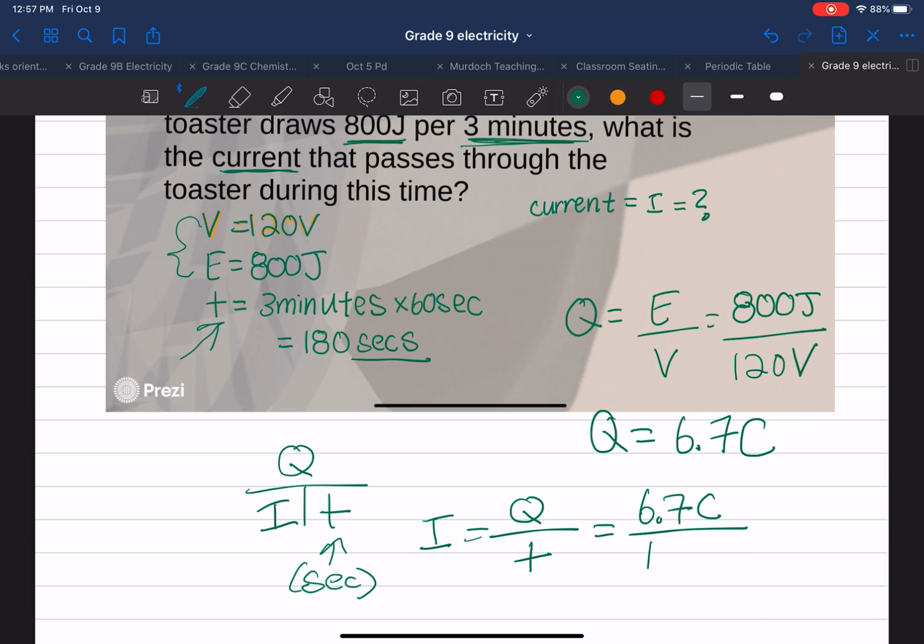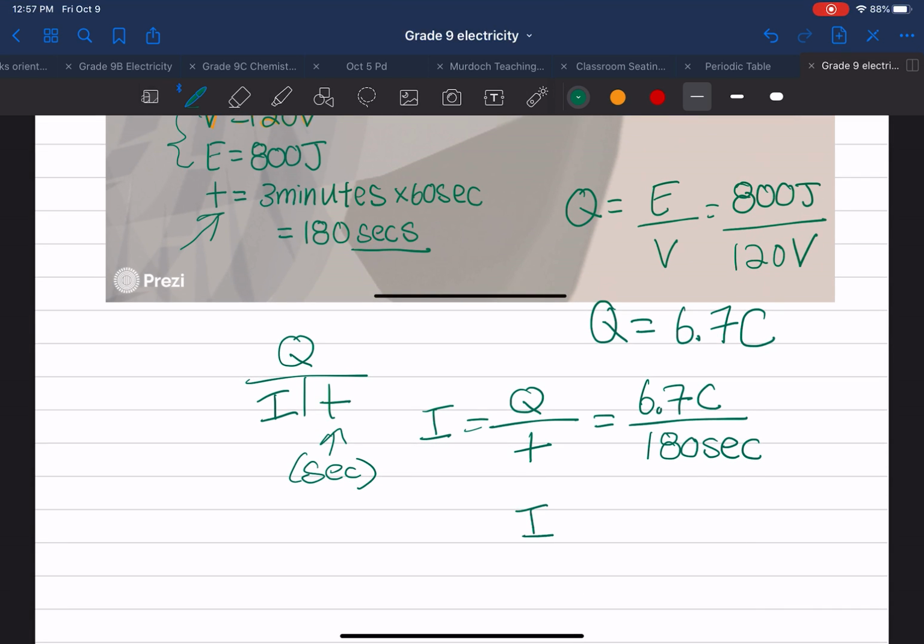So we have to put 180 seconds here, and then we divide by 180. Our amps, or our current, is calculated to be 0.04 amps. For current, the unit is A, which means amps.